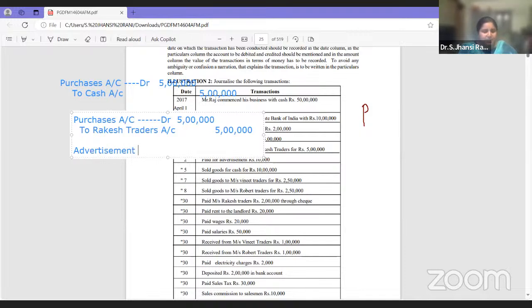So advertisement account debit and the amount is 10,000. Whenever I am paying for advertisement, what am I paying with? I will be paying cash. So cash is what again? It is a real account. Credit what goes out. So I will write to cash account, and the amount is 10,000.